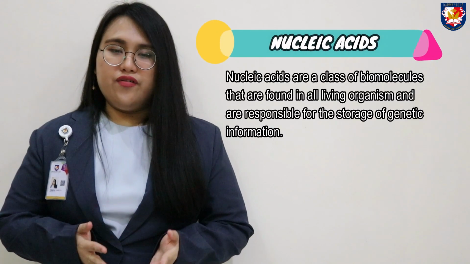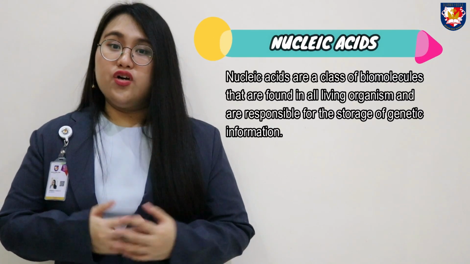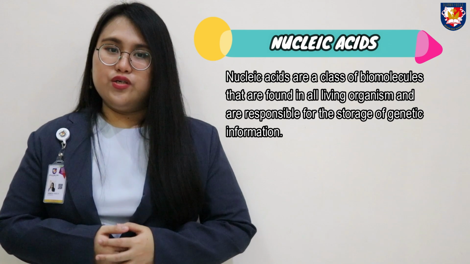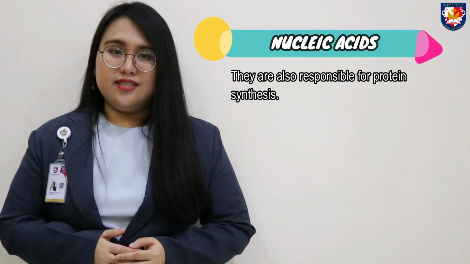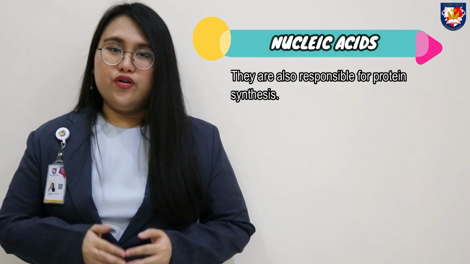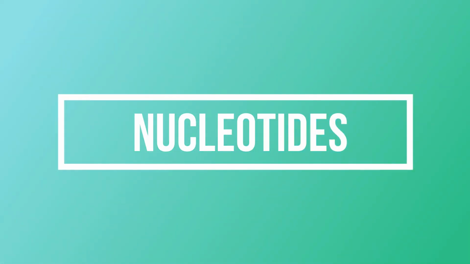Nucleic acid. Nucleic acids are a group of biomolecules that are found in all living organisms, and they are used to store genetic information. Nucleic acid is also used to produce proteins. Nucleic acid is made of monomers, which we call nucleotides.